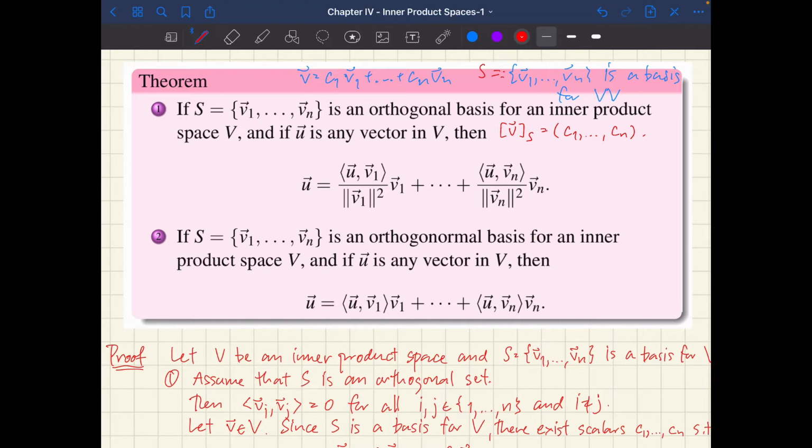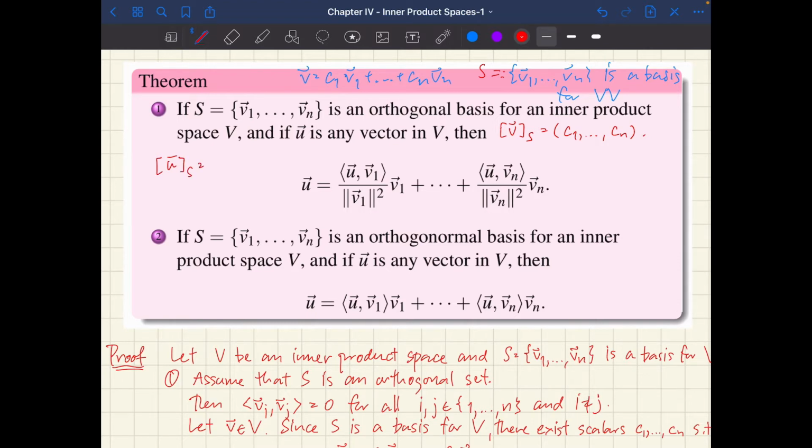So what about this one? What does it mean? It means that if S is an orthogonal basis, we can find the coordinate vector of u with respect to the basis S, and we know the formula is like this.